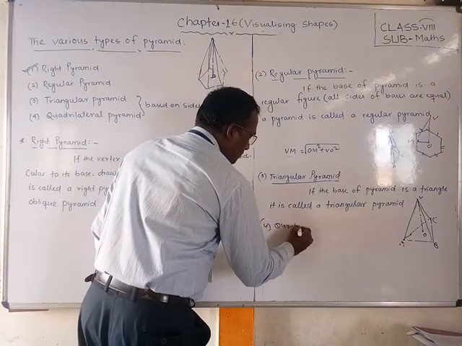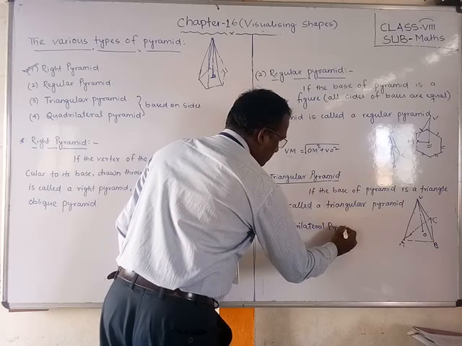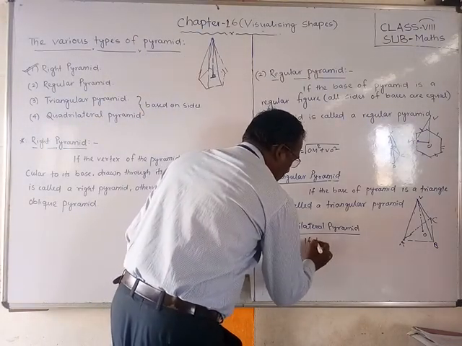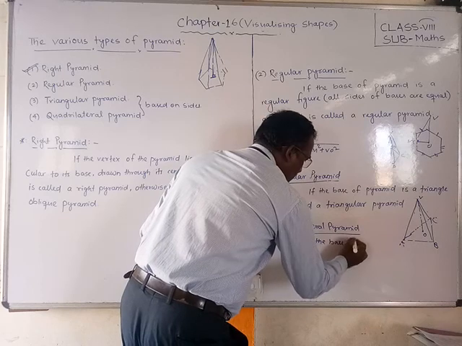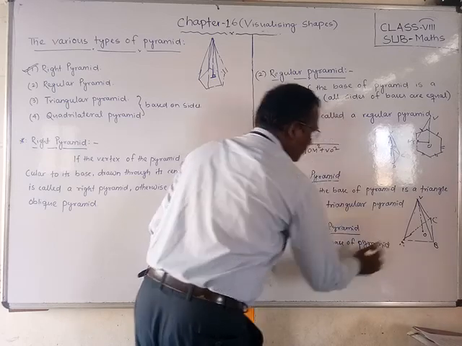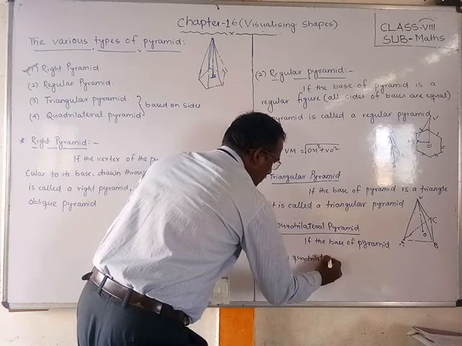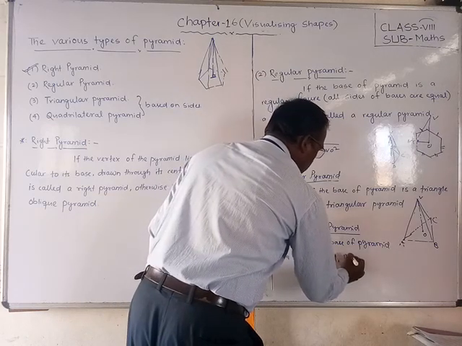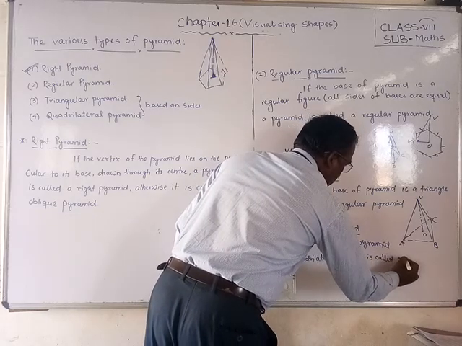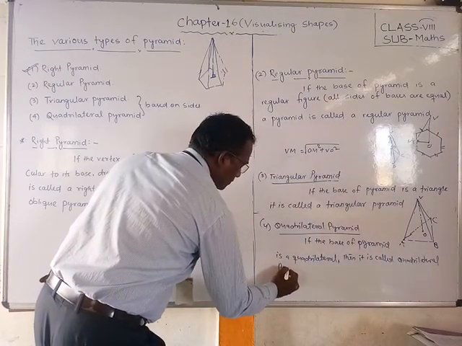Quadrilateral pyramid. If the base of the pyramid is a quadrilateral, then it is called a quadrilateral pyramid.